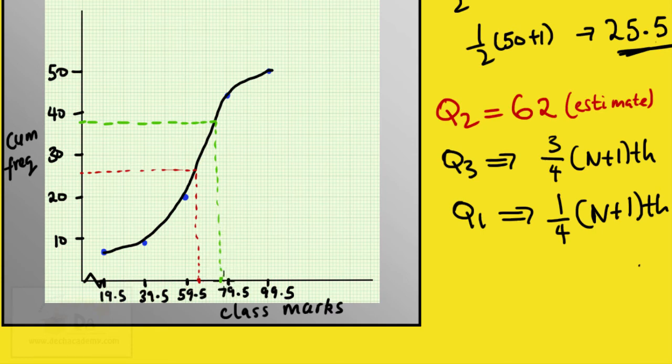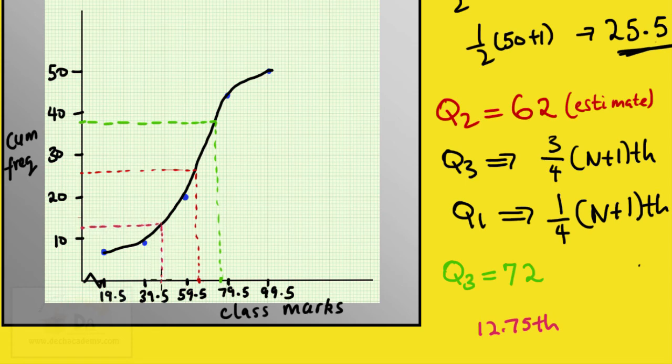So I'm just going to roughly estimate that Q3 is, I'll just call it 72. And for Q1, we need to determine the score that corresponds to a cumulative frequency of 12.75. So 12.75 is going to be somewhere here.